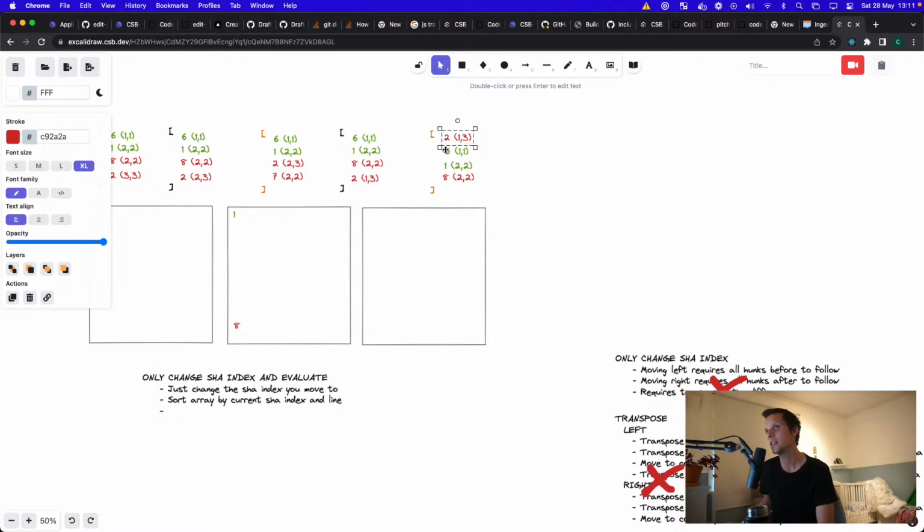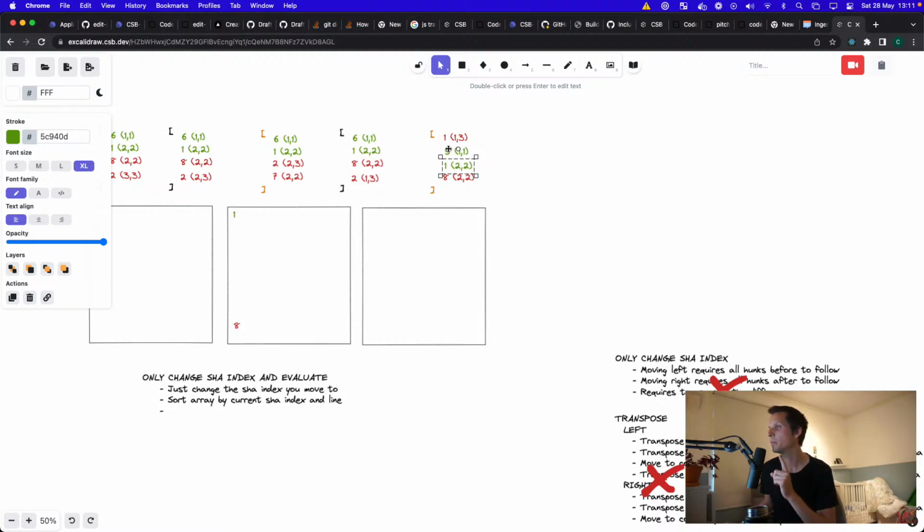So transposing the things affected by the thing we moved is not a problem, because given that this already was transposed now to 1, this one would become, since this has different SHA indexes, we would have a removal transpose happening on this one, and we wouldn't have to do anything about these ones. Well, that's the thing, right?